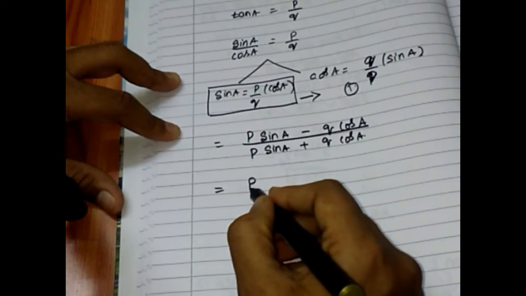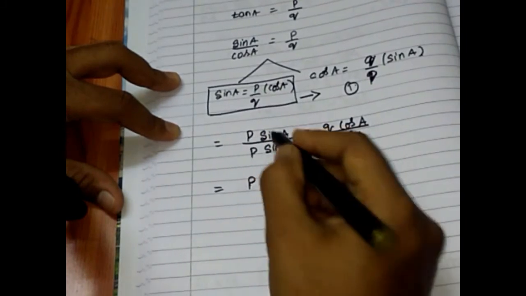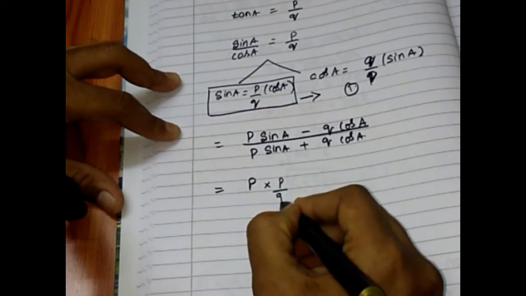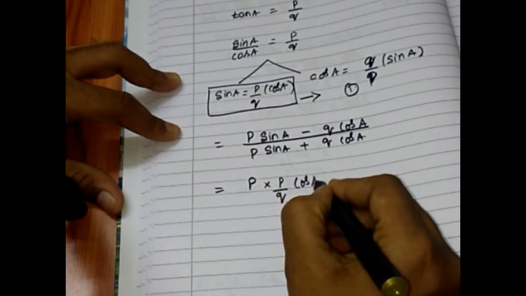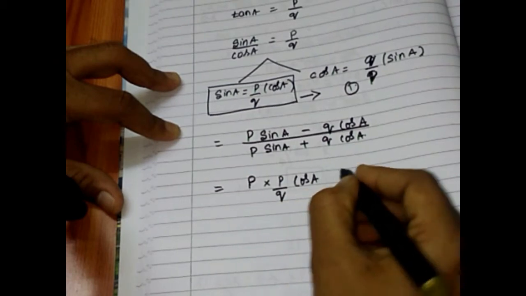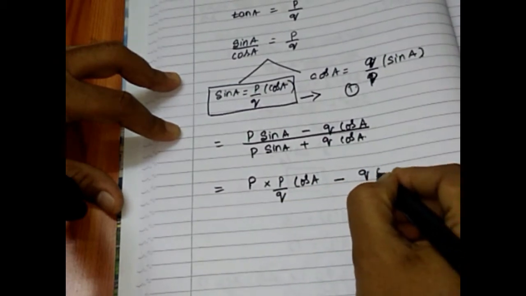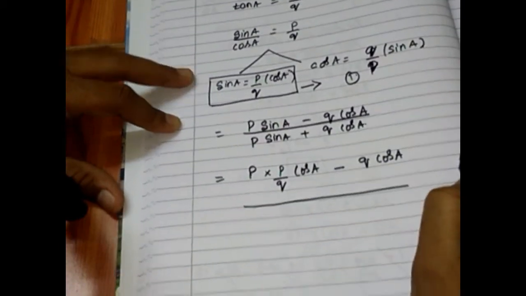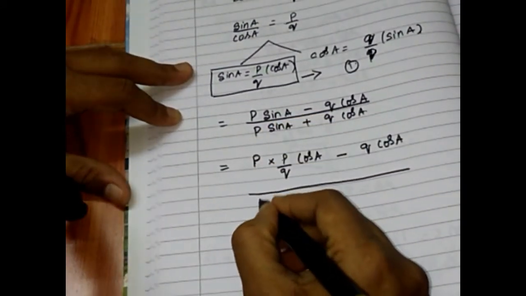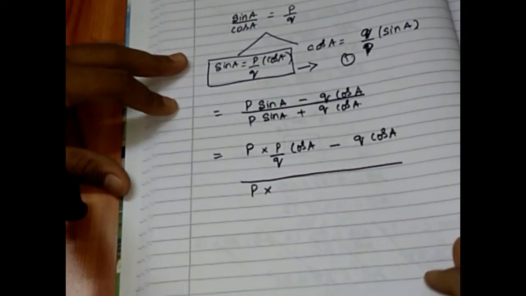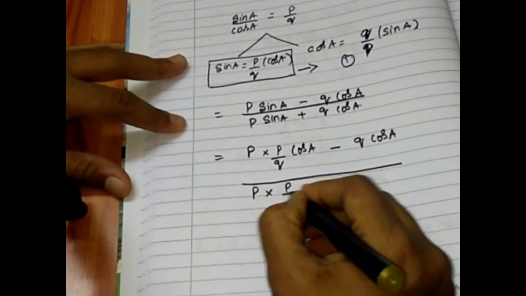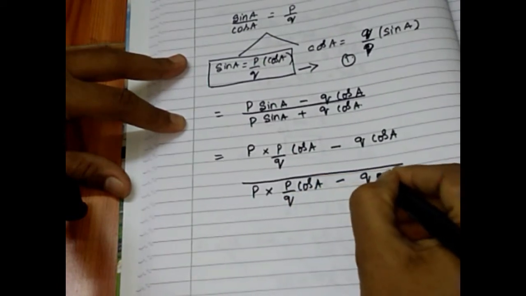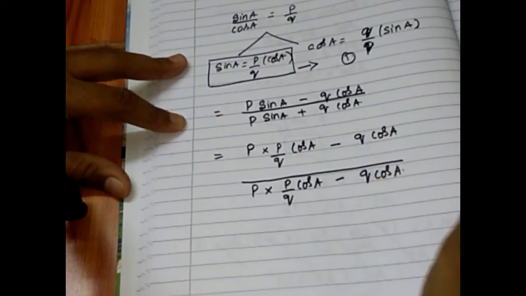From 1 what I am going to do, keep this P as it is. What is sin A? Sin A is P by Q into cos A minus Q cos A as it is, whole divided by, keep this P as it is, again in the place of sin A, P by Q into cos A minus Q cos A.